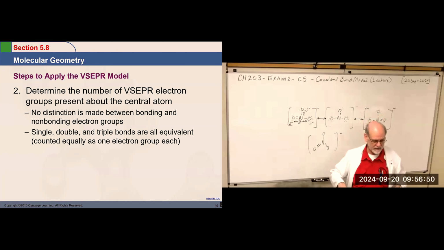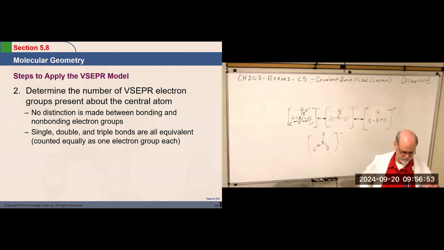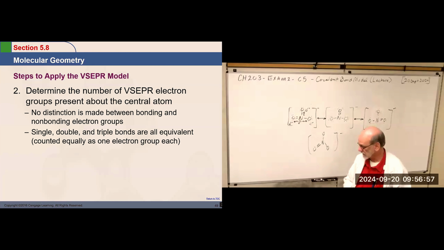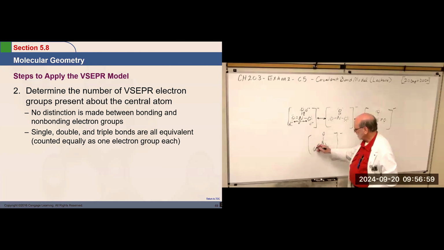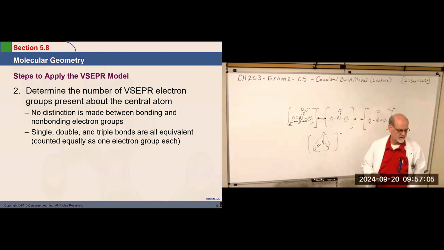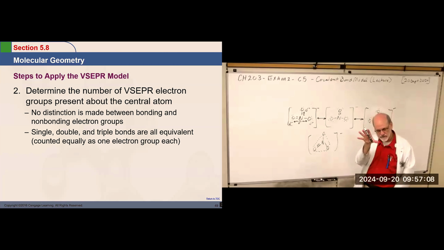So it's a trigonal planar molecule. The equilateral triangle is what we visualize here, but that's not the molecule. That's just what we visualize as the three-dimensional structure. The molecule is here with the bonds.